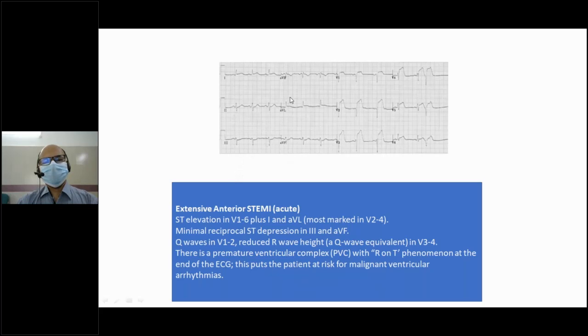So ST elevation V1 to V6, as well as 1 and AVL, with minimal residual changes, as well as Q waves present in 1, AVR, 3, 4.